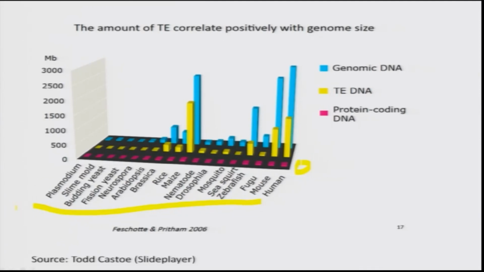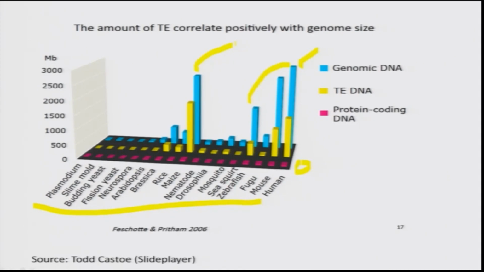And then if you look into the genome size, the entire DNA, obviously in the human, mouse and zebrafish, you can see that there is like a tower, because the genome size is very large, and so is the case with plants. They have as big as the human genome size.